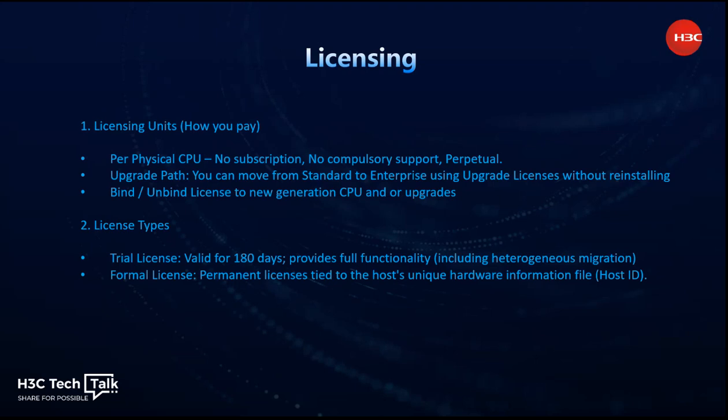When you have a new series or you want to upgrade your old hardware to new hardware with more cores or stronger CPUs, you unbind the license from the old machine and apply the same license to the new machine, therefore keeping your perpetual licenses. So it's very, very flexible when it comes to the licensing.